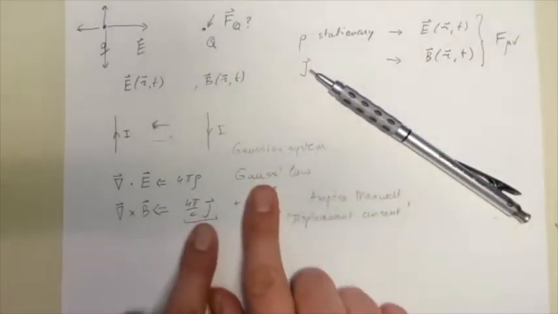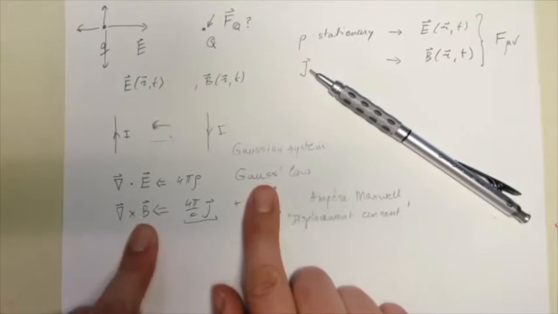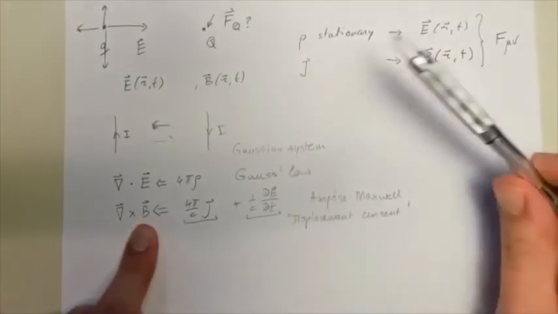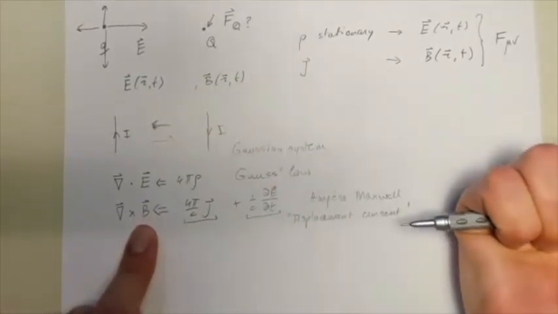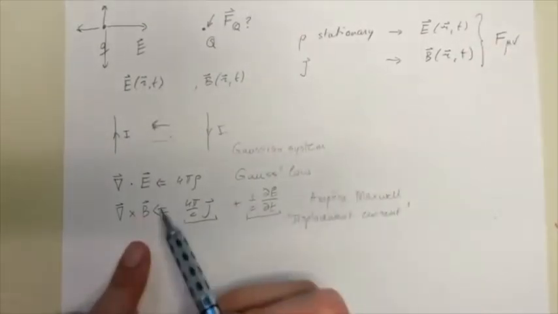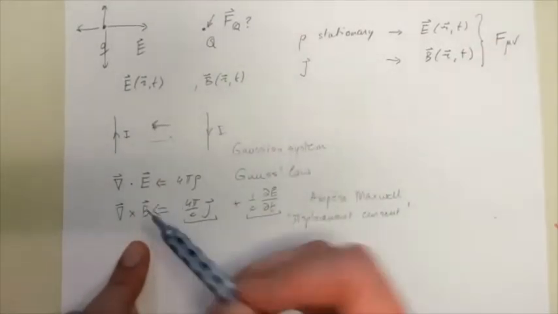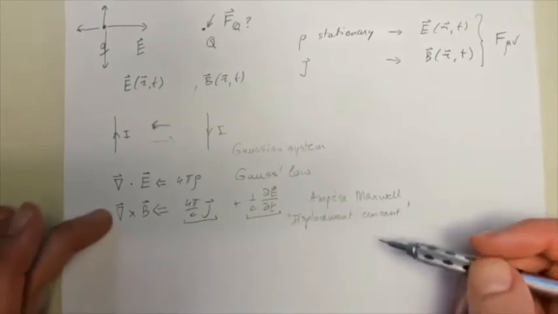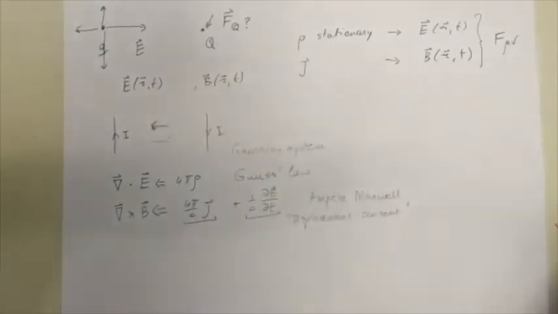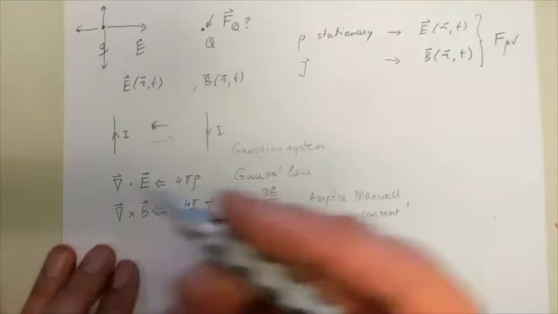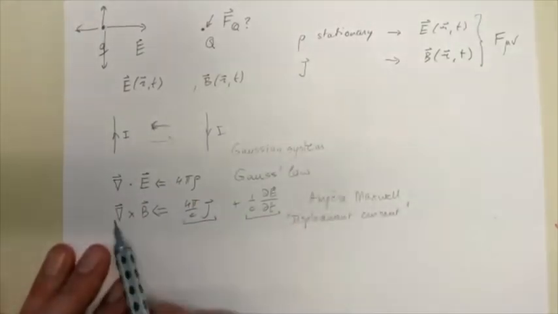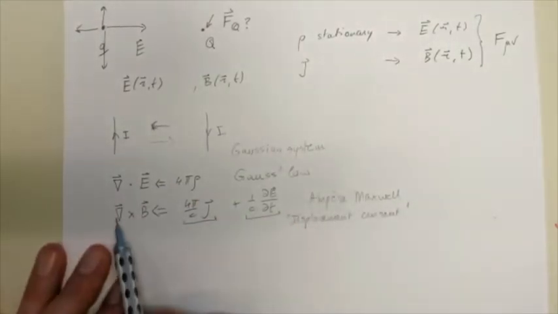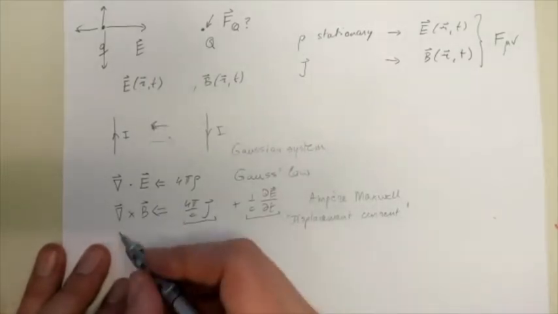You have only current density, and that current density is going to give you this B field. So that's the way that that works. Then I don't like writing them in this form because it's, I don't know, it's weird, but it's what this book does. I usually like writing this one last, but it is what the book does.